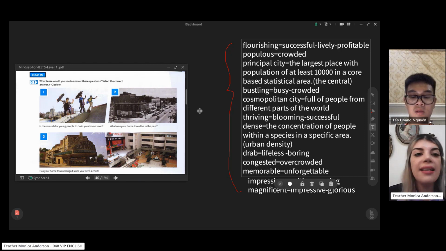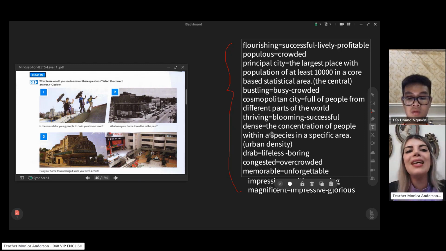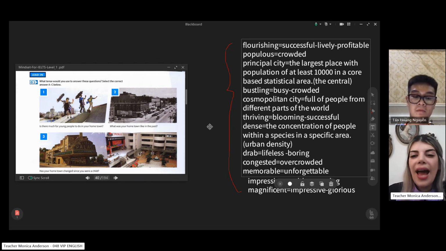And dense, maybe you have heard density. Dense is the concentration of people in a specific area. For example, the concentration of people who live in an area is dense. For example, we have urban density. And drab is maybe the opposite of flourishing: boring, lifeless.